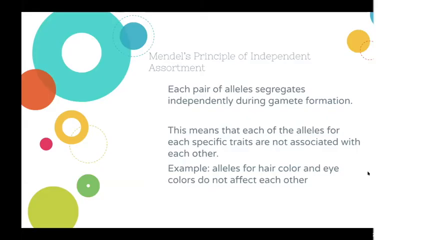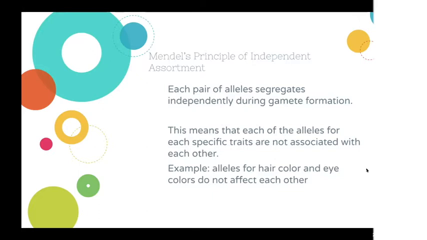So we will go into Mendel's principle of independent assortment first. Each pair of alleles segregates independently during gamete formation. This means that each of the alleles for each specific trait are not associated with each other. What alleles means, hopefully you remember from last time, alleles are just different versions of genes.